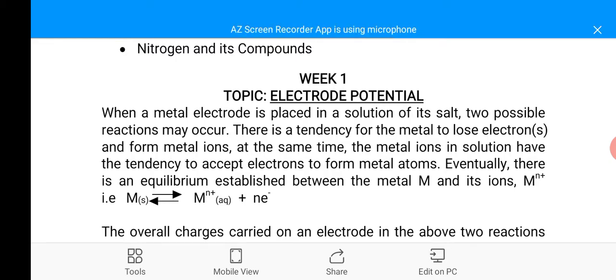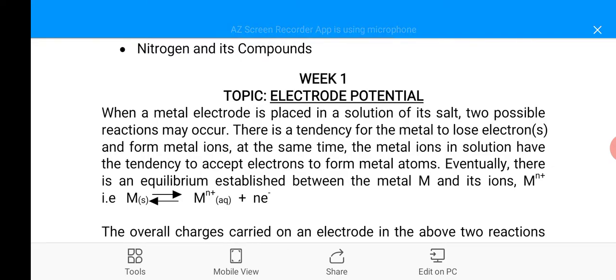The electrode placed inside a solution of its salt may lose electrons and form metal ions. At the same time, the metal ions present inside the solution have the tendency to accept electrons from the metal atoms that constitute the electrode.